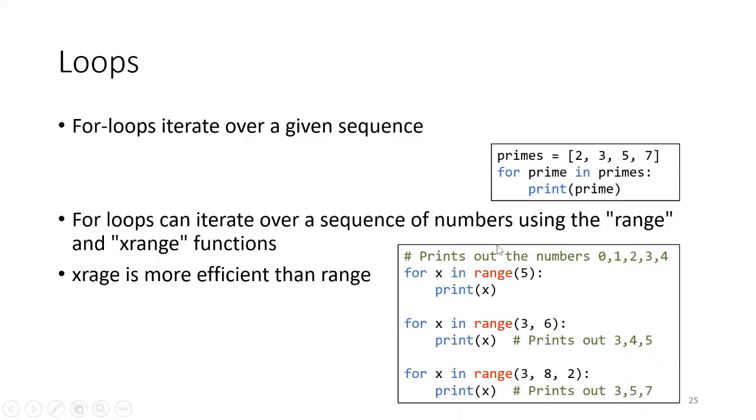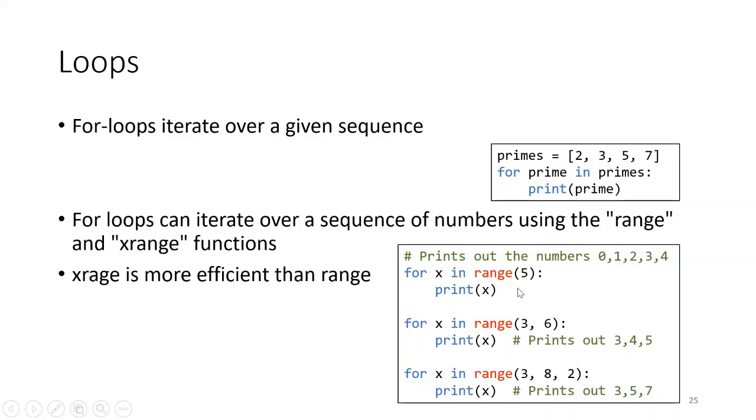For example, in the first for loop here, we say for x, which is a number, in range of 5. Range of any number specified here means starting from 0 up to that number, but without considering that number itself. So in case of 5, it will be 0, 1, 2, 3, 4. And for these numbers, we can do something in our loop.